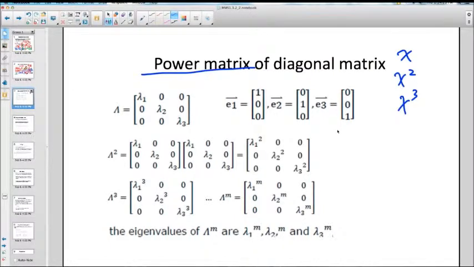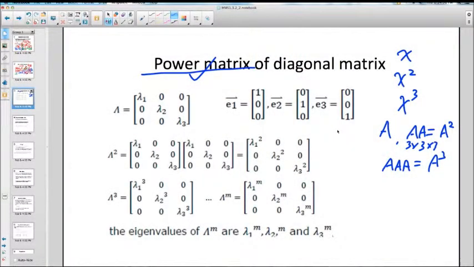We can define the matrix A times A as A squared, and A times A times A as A cubed, as a power of a matrix. Because the computation could be much more complicated. For each product, if it's 3 by 3 by 3, you will do 27 multiplications, you can check.